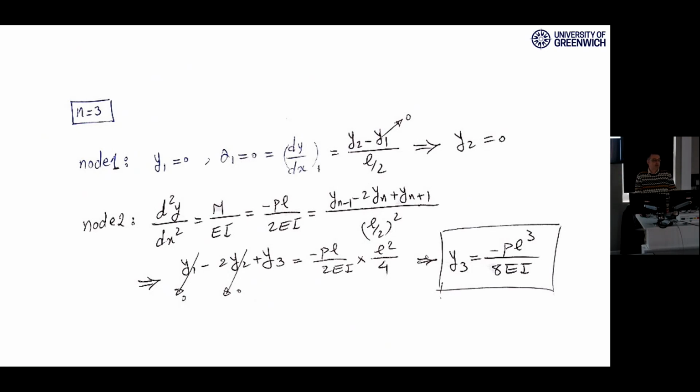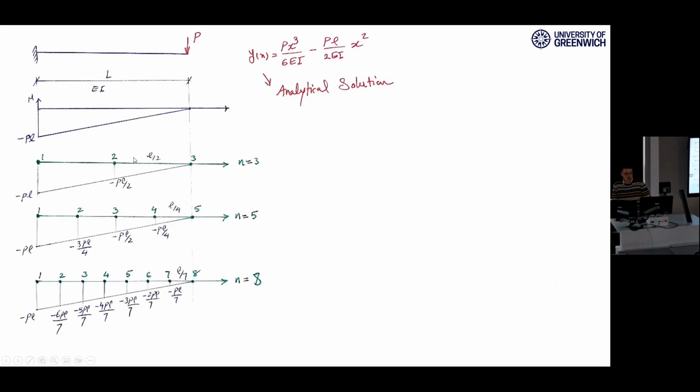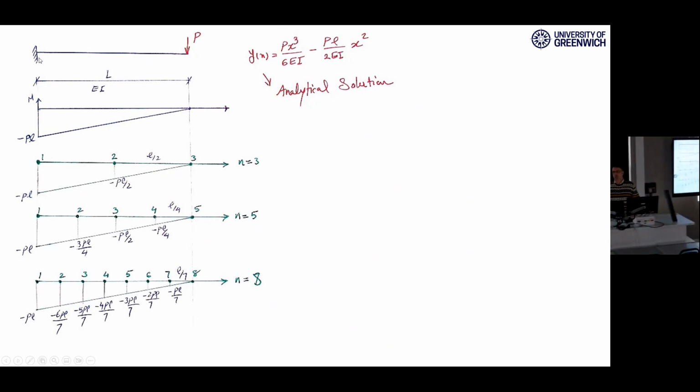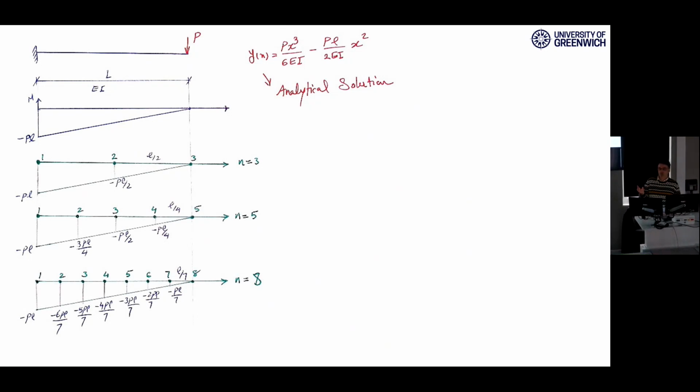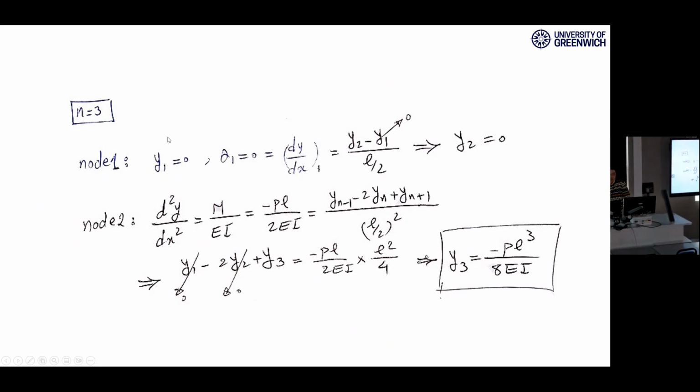I can only use it for n equal to 1 and 2, right? But still it's okay because for the first node I have a fixed support which gives me 2 conditions. First of all, y1 is 0, and second of all, theta 1 is 0. So when I work on the first node, I get 2 of my unknowns. y1 is 0, and theta 1 is 0. Theta 1 is the first derivative, which when I apply it, I get y2 is 0, right?